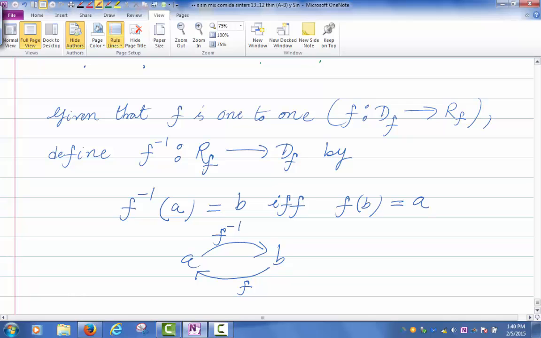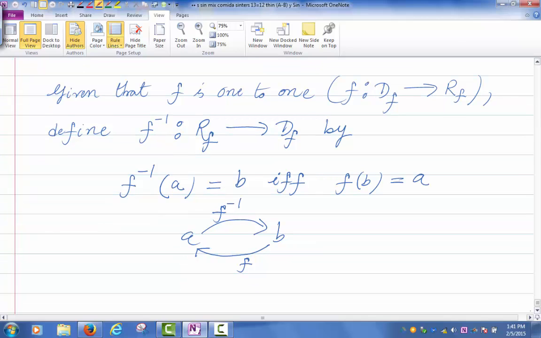They are doing the opposite of each other. So that's how we defined the inverse of f. Of course, given that f is one-to-one, otherwise you cannot define this function.